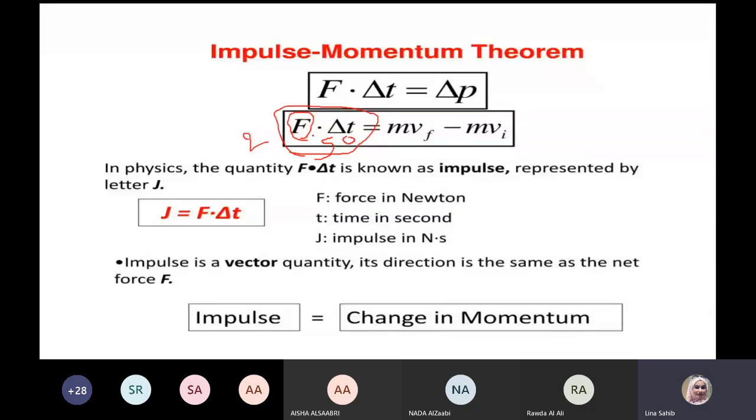So to reduce the force, because they are inversely proportional. Inversely proportional means if you increase the time, the force will decrease automatically. So the scientists use this relation to keep the driver safe by increasing the time to make the force less.